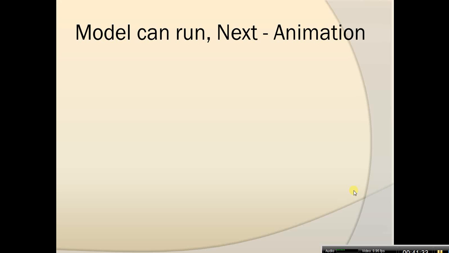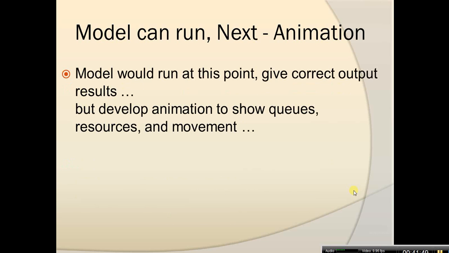So as you saw, we were able to run the model, and other things that we haven't really looked at was animation. And some of that animation I have already demonstrated in earlier models, so I'm not going to demonstrate much of it.